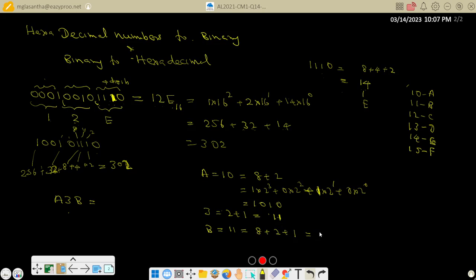So this equals 1 into 2 to the 3, right? Then 0 into 2 to the 2 plus 1 into 2 to the 1 plus 1 into 2 to the 0. So this equals 1, 0, 1, 1. Now this again you can write 0, 0, 1, 1, because you have to set 4-digit numbers.